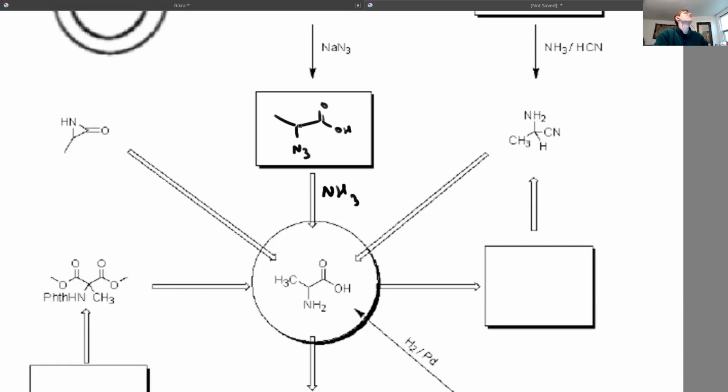This is one of the ways of synthesizing primary amines, where you just do SN2 with azide and then you do something afterwards. I think here we want some kind of reducing agent to reduce azide, although I can't remember exactly. This is something that's worth checking. I could pull it up in a second. I have a set of notes in front of me.